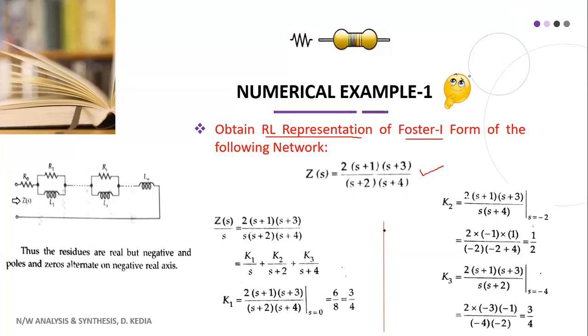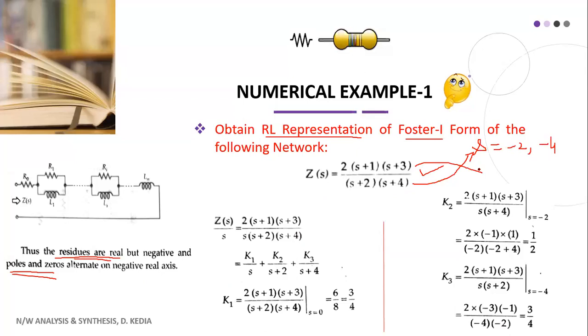So now again and again I was talking about the residues. So here first let us talk about the residues, and also talk about the poles and zeros. So if you look, the poles are at s equal to -2 and -4, because poles come from the denominator.